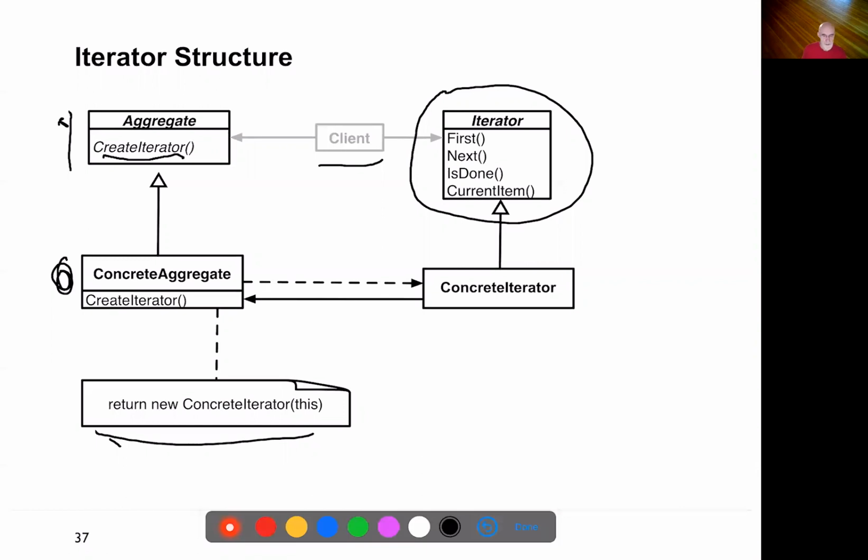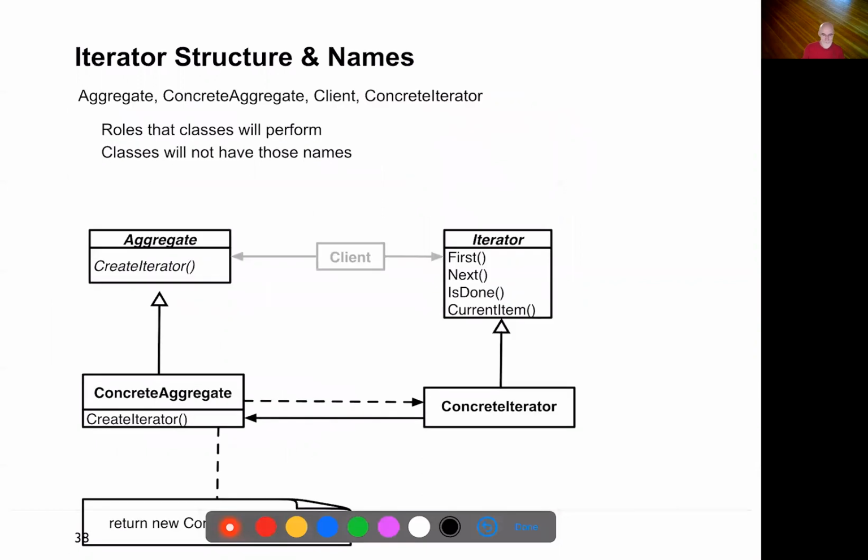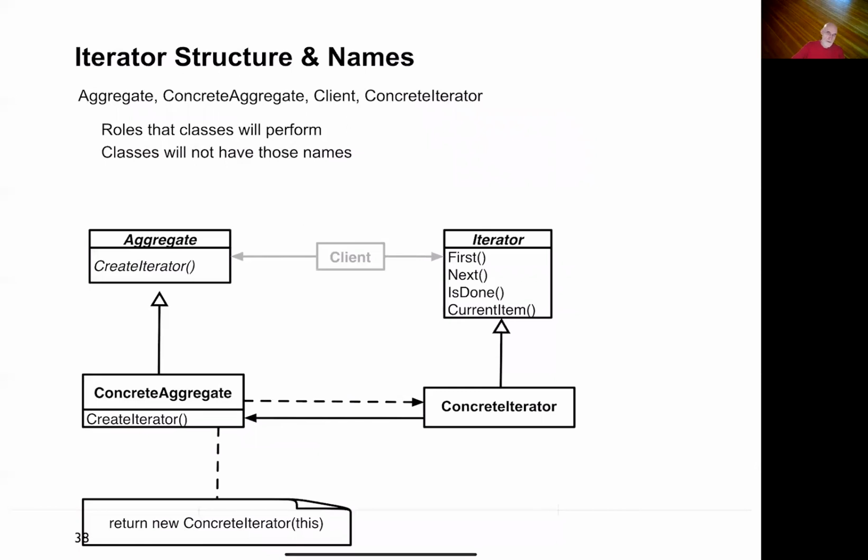So they always give us the pattern structure. Okay, so the patterns will use various names. It's like aggregate, concrete aggregate, client, concrete iterator. These are all roles that classes will play when you implement the pattern.